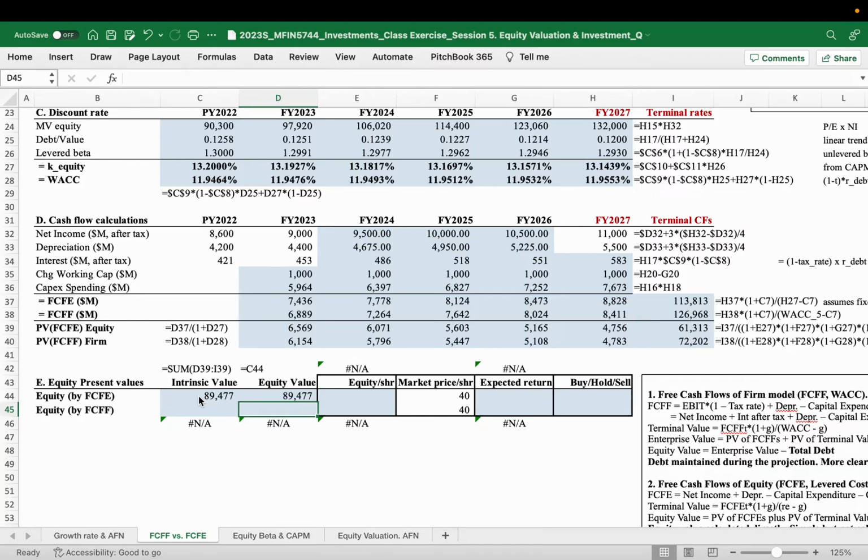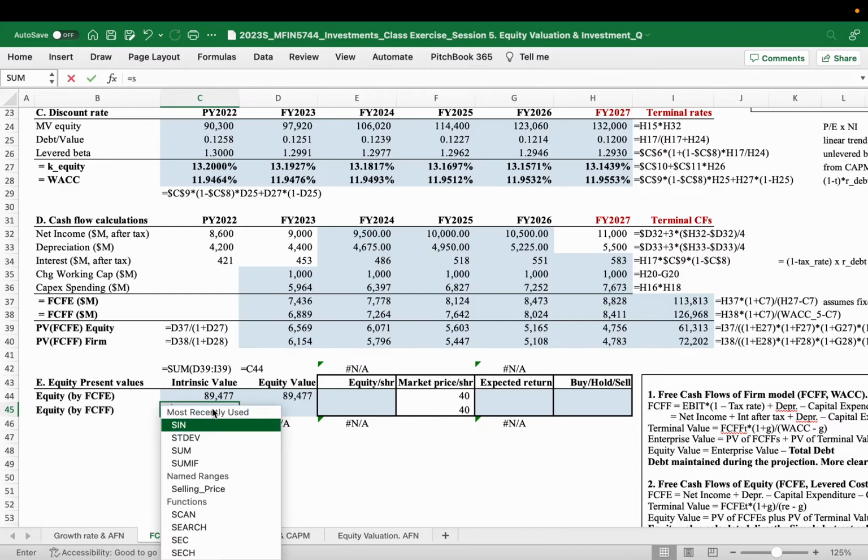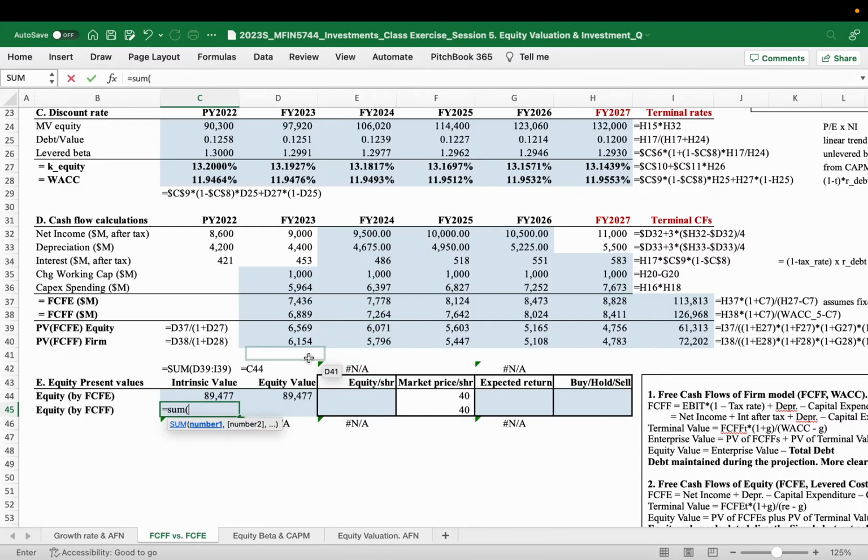We already counted the debt part, right? But here, what we calculate under this free cash flow of firm model is the entire business value, right? We need to subtract debt, right? So when we sum this up, here the total intrinsic value of the firm is 99 billion, right?